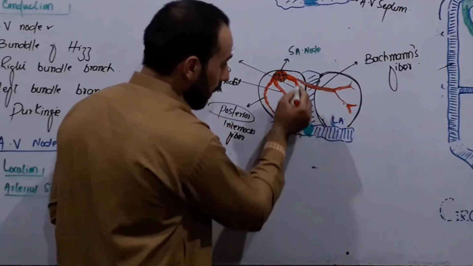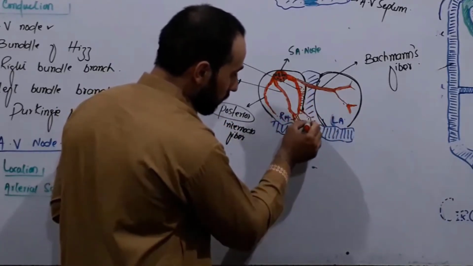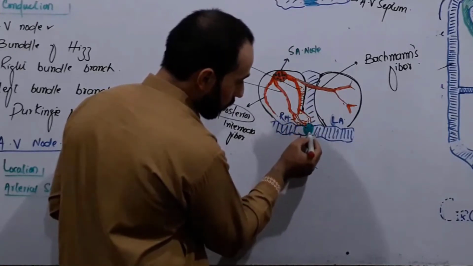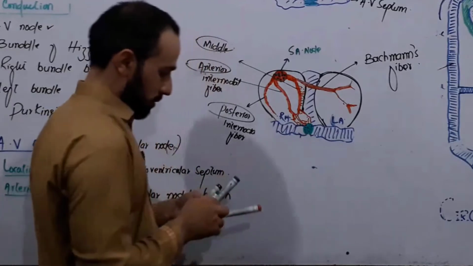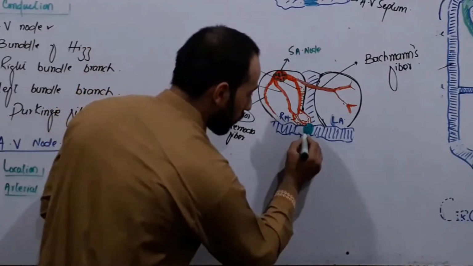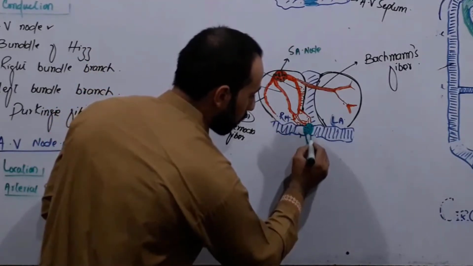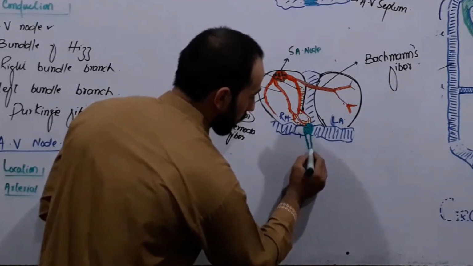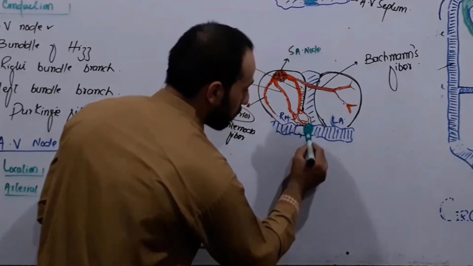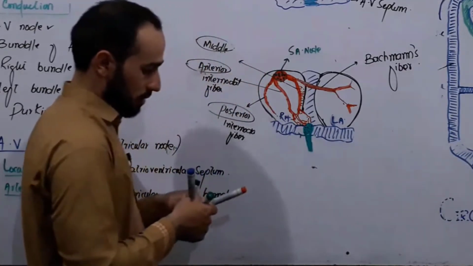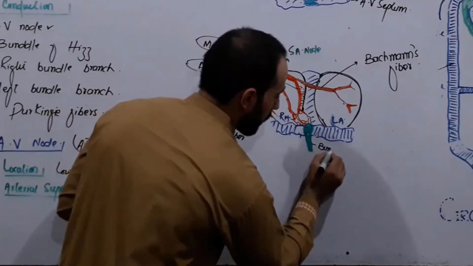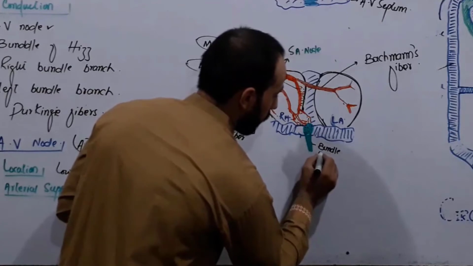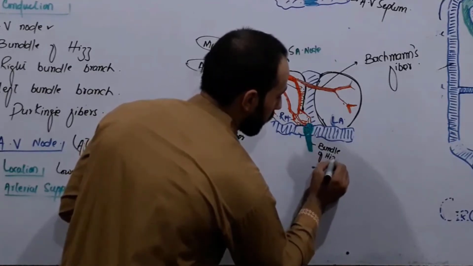From these fibers current also moves towards the AV node, and from this AV node a big bundle of fibers comes out, and this big bundle is called the bundle of His.